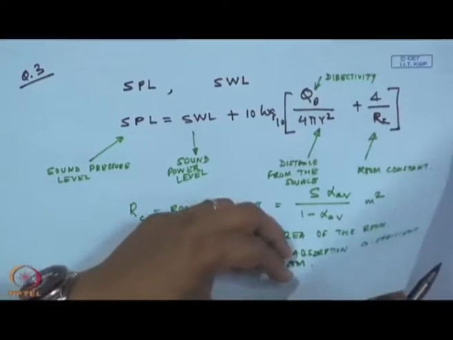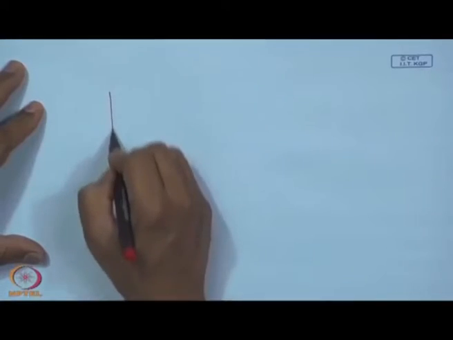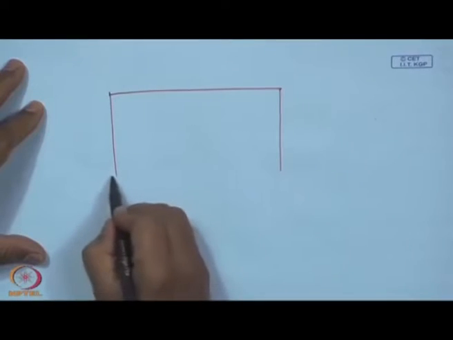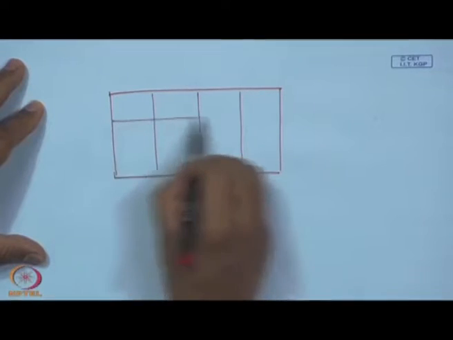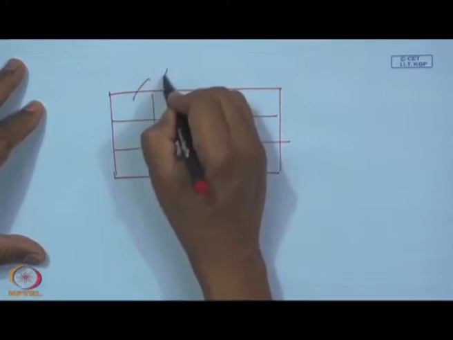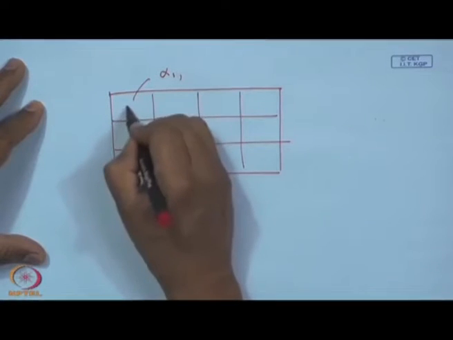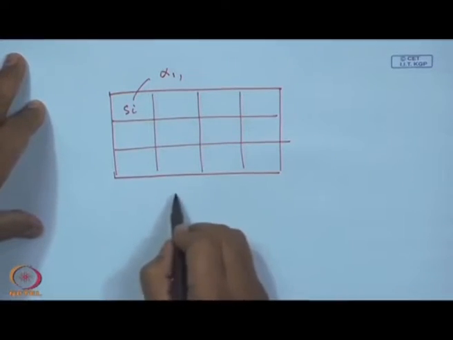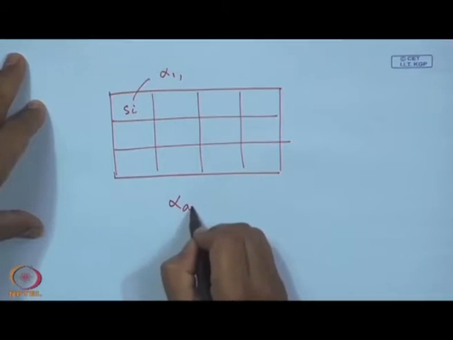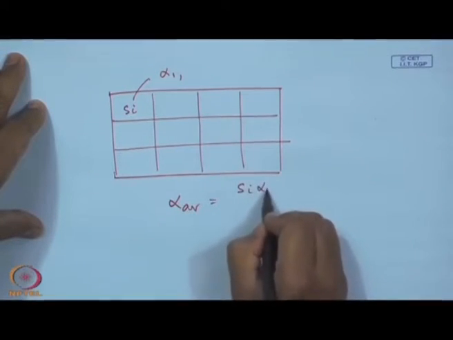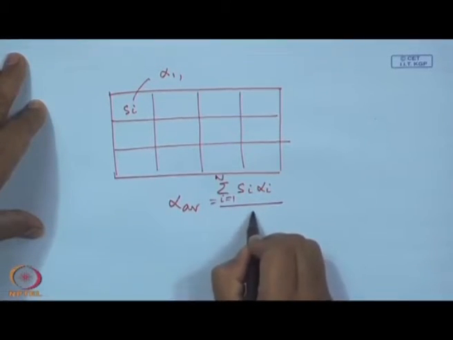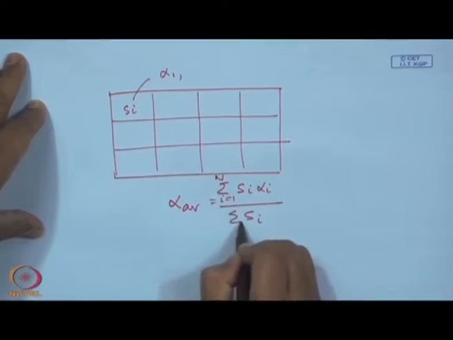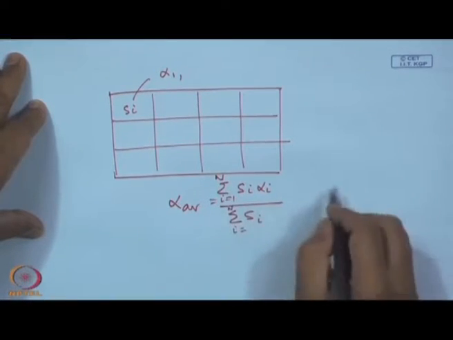So, in a room, suppose I take a wall and I divide it into small patches, and each one has a different alpha i and the area of this is S i. So, the alpha average is nothing but the sum of S i alpha i, i equal to 1 to n, divided by the total area.